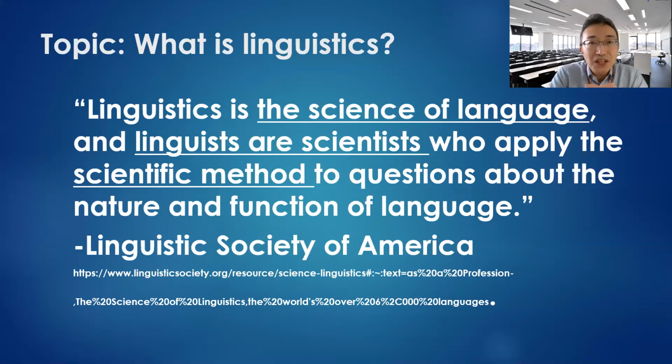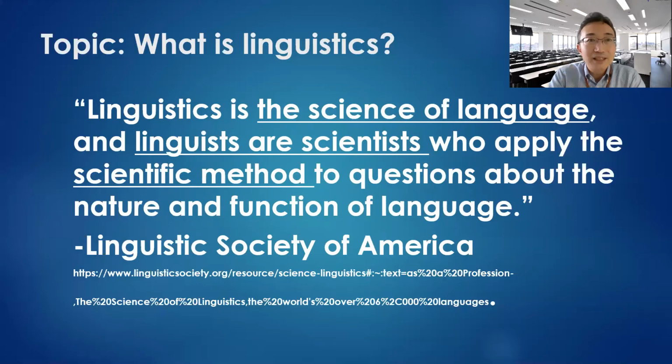So what you see on the screen is the definition provided by the Linguistic Society of America, and let me read this definition. Linguistics is the science of language, and linguists are scientists who apply the scientific method to questions about the nature and function of language.